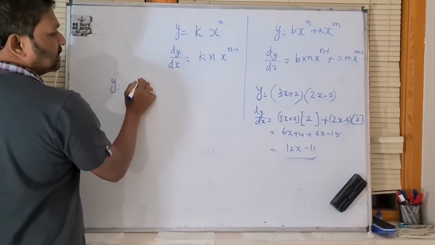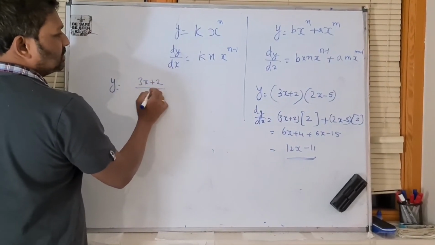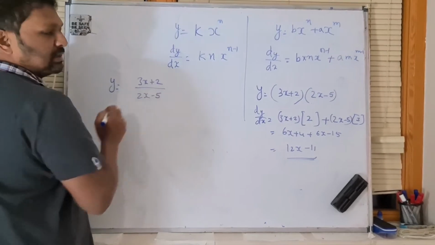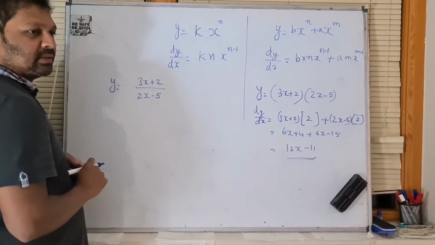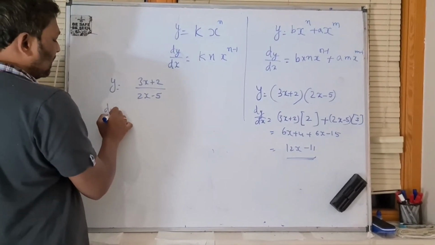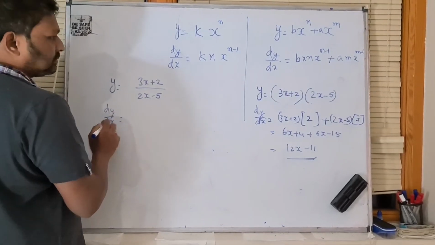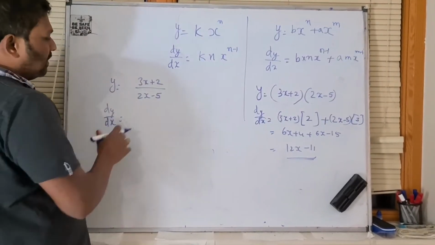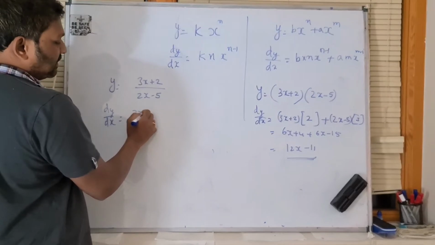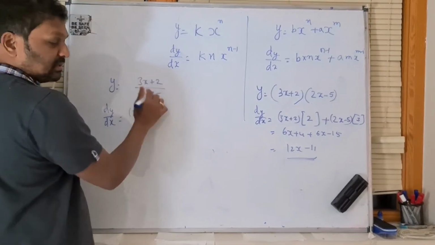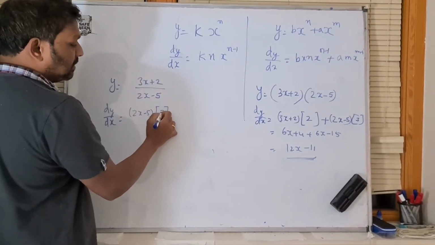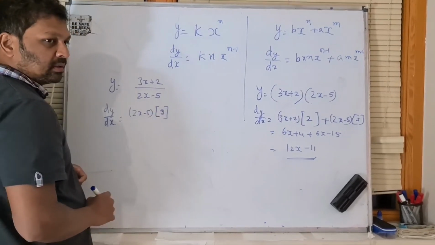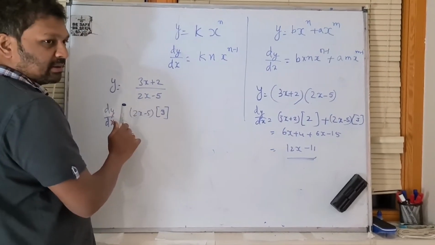So y is equal to, the same example, instead of multiplication, I'm going to put a division here. In such case, dy by dx, and the formula is: you take this part, 3x minus 5, differentiation of this, which is 3. These two are getting multiplied, remember.